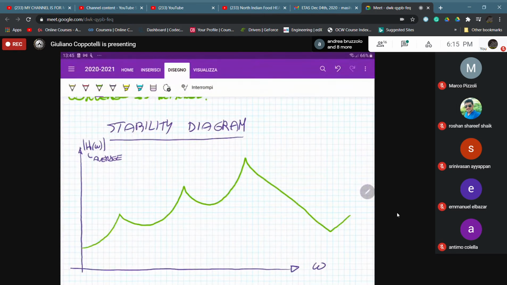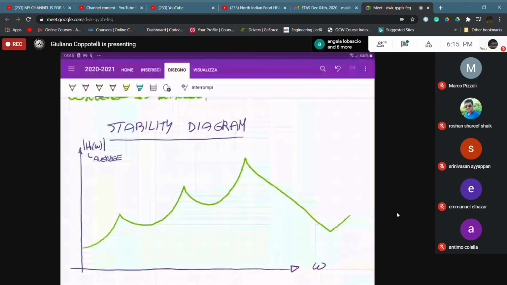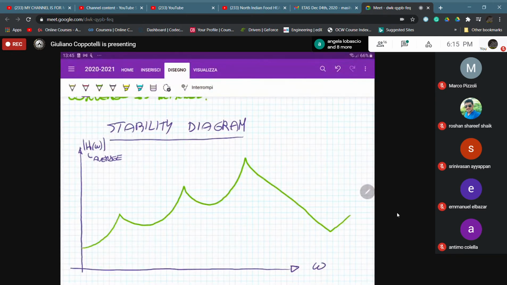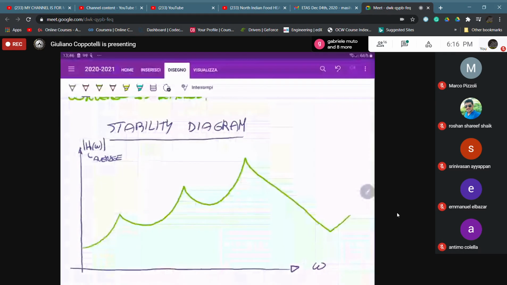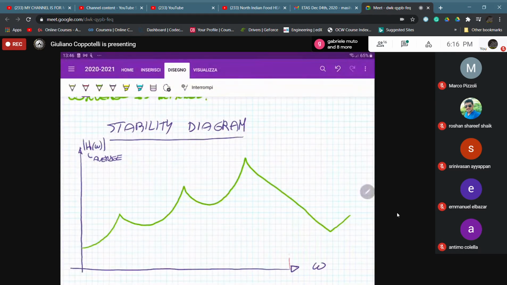Okay. And then we are plotting on the, let's say, right y axis, that is on the additional axis, like this, for example, your model order n.